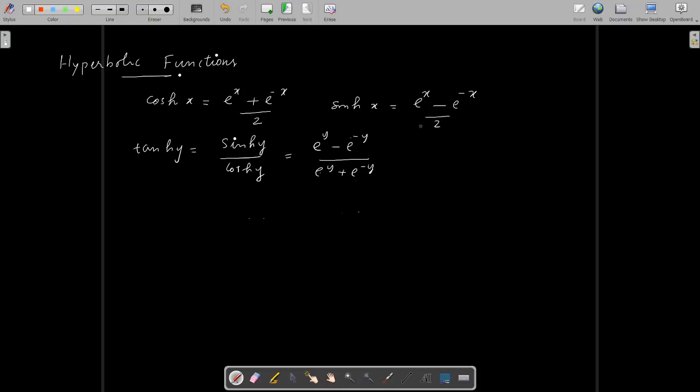You can cancel the denominator 2. Similarly, you can define cosech y, that is defined as 1 by sinh y, that is equal to 2 divided by e raised to y minus e raised to minus y. In a similar manner, you can define other ratios, coth y, sech y, and so on.